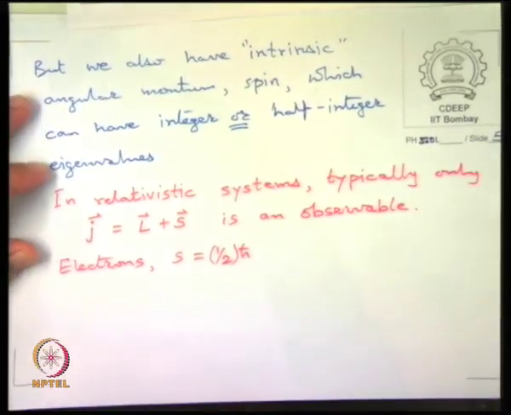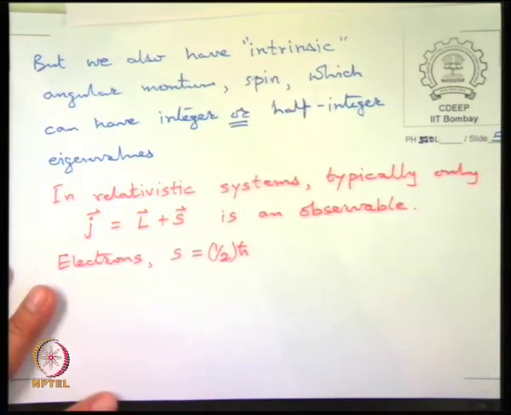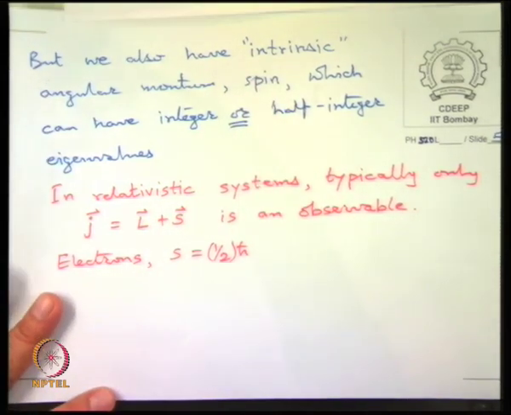Yes, I just wanted to make a comment here because spin is a very puzzling property. In relativistic field theory and in the very high energy experiments, we never find any structure to the electron. So there is nothing rotating there. There is nothing, no dimension to the object. So what spin means is somewhat mysterious.